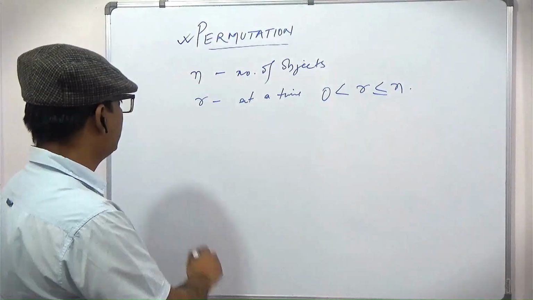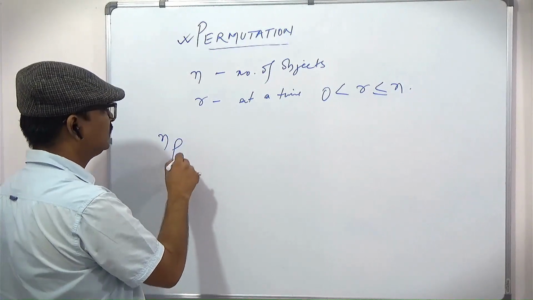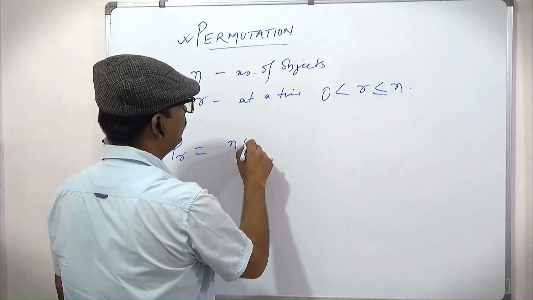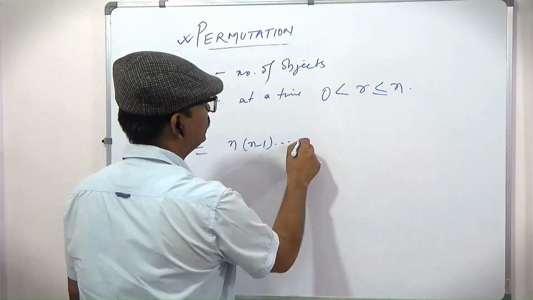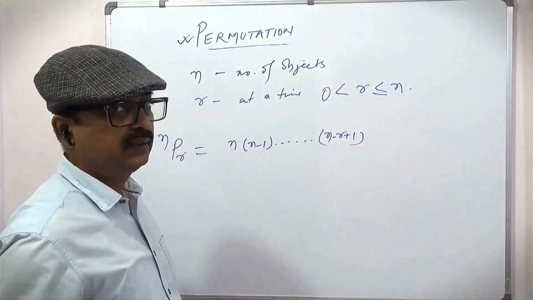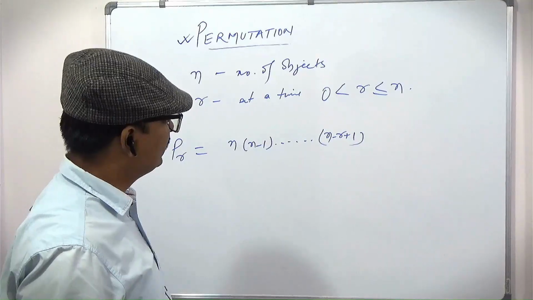Then we saw that nPr was n into n minus 1, so on to n minus r plus 1. This was our nPr from our last derivation.